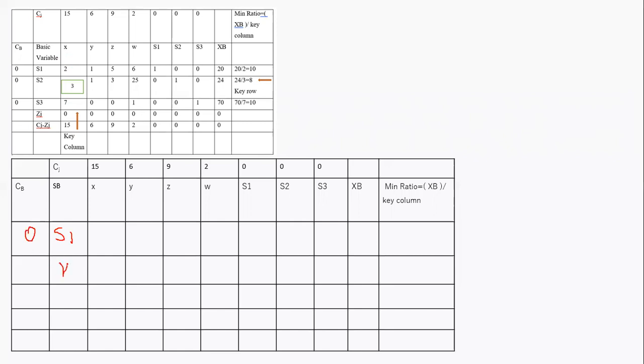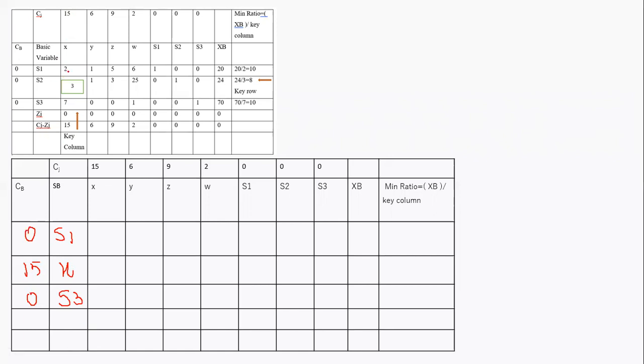So that is X, and the cost of X is 15. And then we shall keep S3 as it is. There is no change with S3, and the cost of S3 is 0. This is the first change.